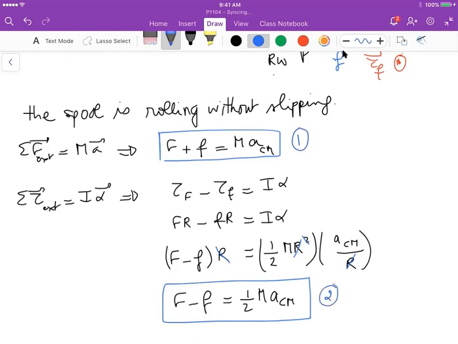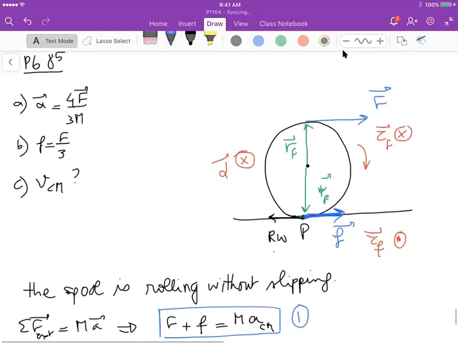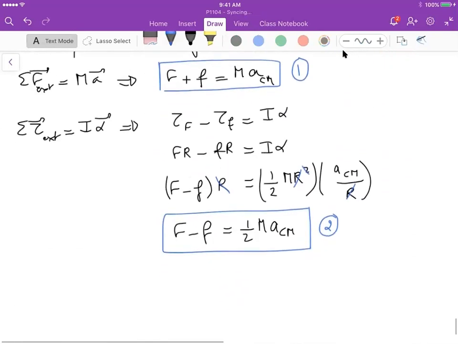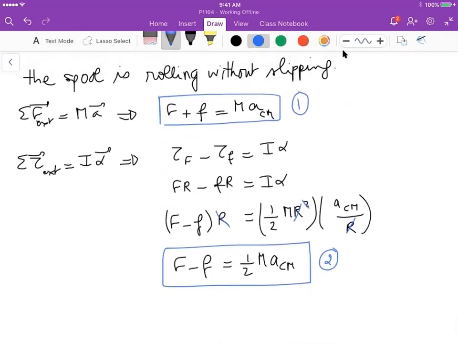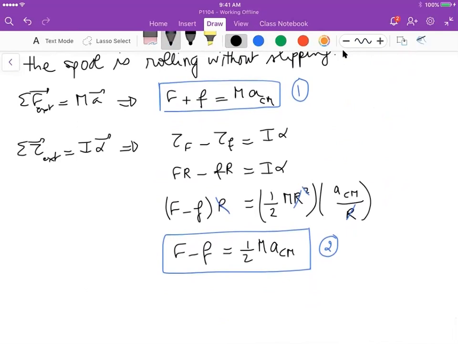We are asked in the first part, part A, how much is the acceleration of the center of mass, as a function of F. If we add 1 plus 2, we eliminate the friction force. So 1 plus 2 gives 2F is equal to 1 plus 1 half, which is 3 over 2, times m times a center of mass.